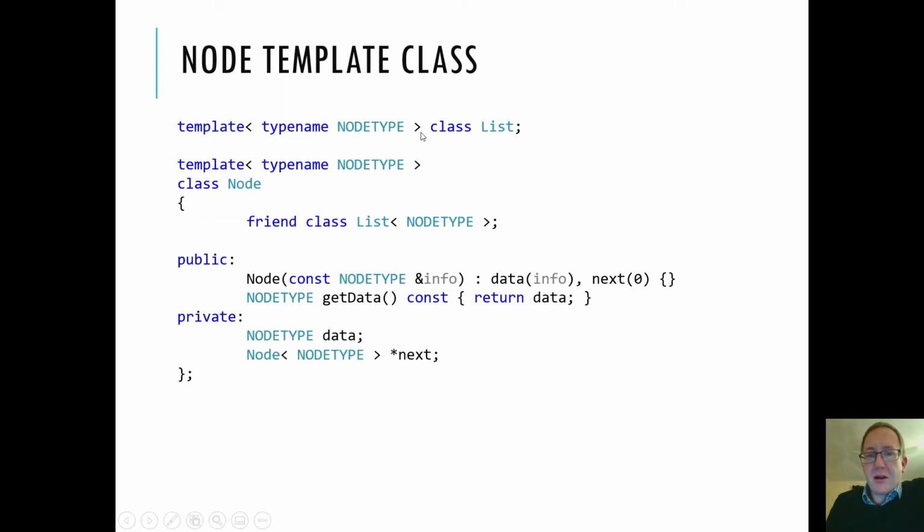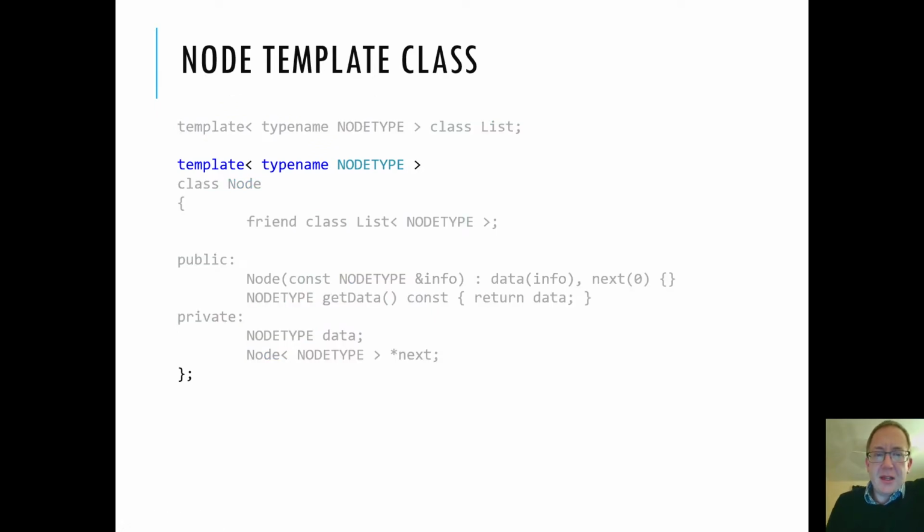Here is actually our syntax. The big one is I start off at the top line before my class. I say template, typename, and then whatever I'm going to call it. By convention, I'm typically putting a T in there.